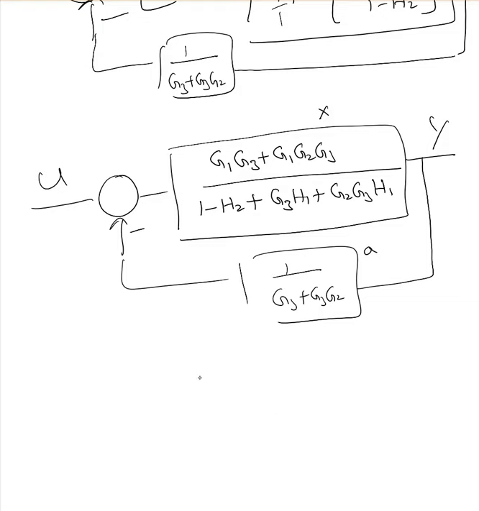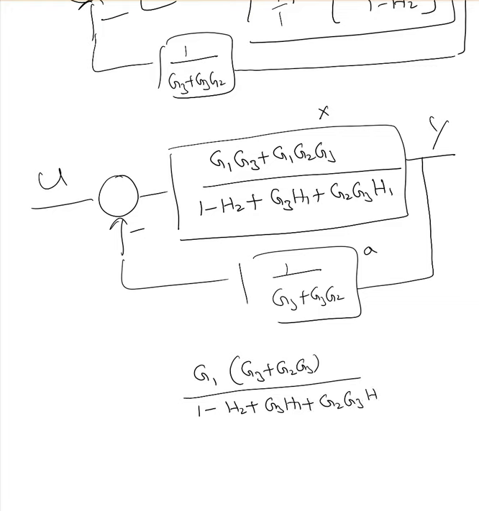So it's going to be, let me pull z1 out so that some of them might cancel out. z3 plus z2 z3 over 1 minus h2 plus z3 h1 plus z2 z3 h1. Actually, I cannot do that.